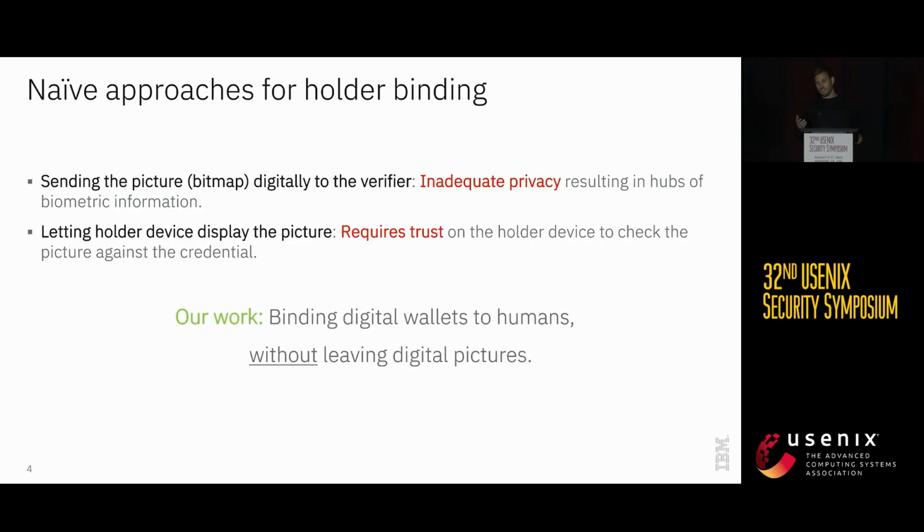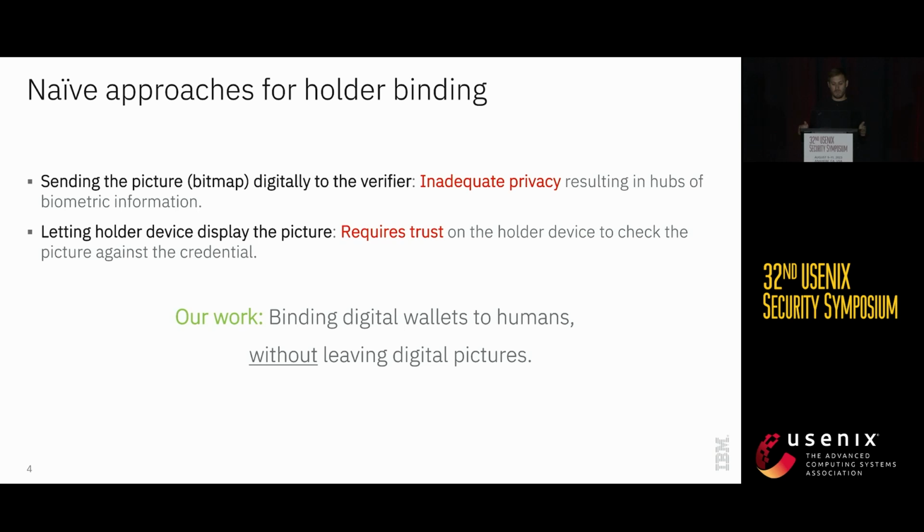And so we have two approaches for this. We can either have a centralized place where some of these credentials are, and when the verification of this bus membership happens, the verifier receives an image of the person.